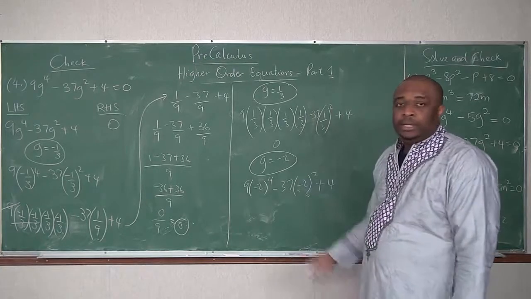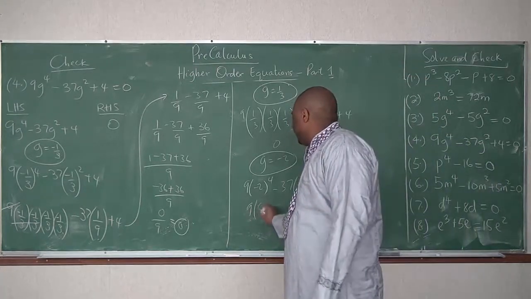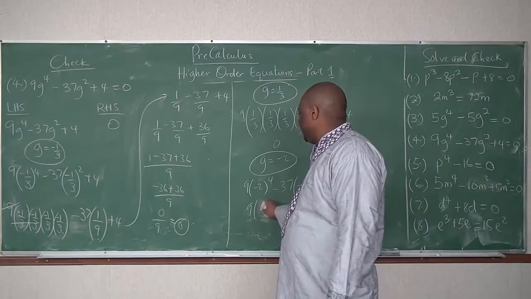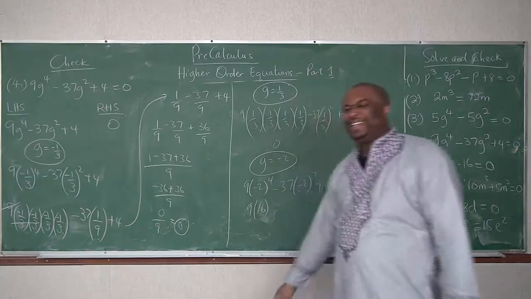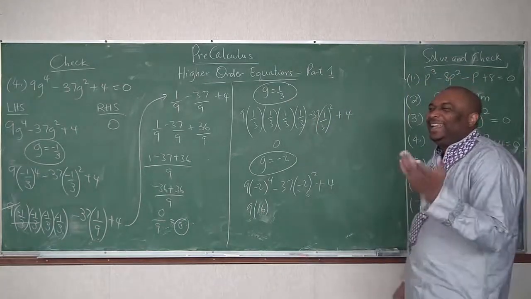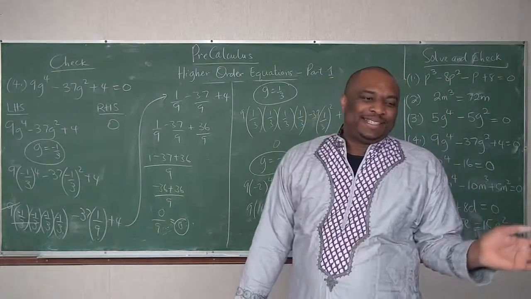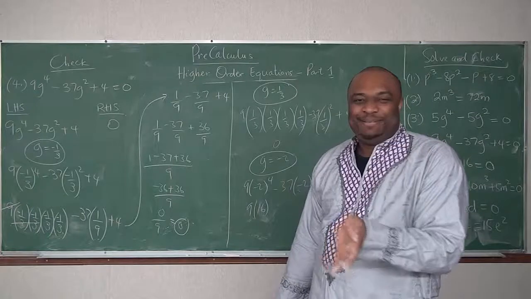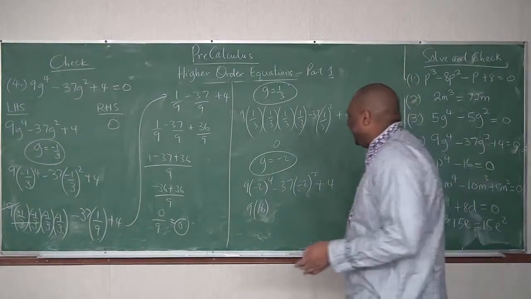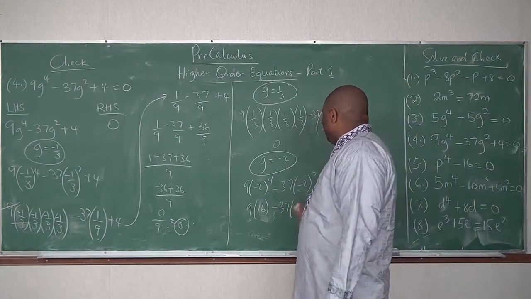So that will give us 9 times what? 8. I'm sorry, 16. What is wrong with me? 9 times 16. Negative 2 times negative 2 is 4. 4 times negative 2 is negative 8. Negative 8 times negative 2 is 16. Then minus 37 times 4.